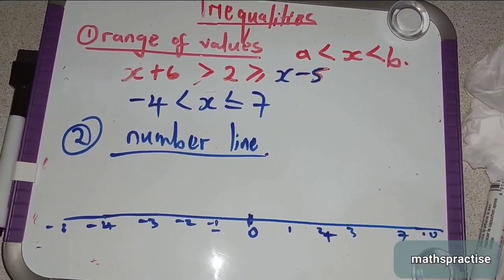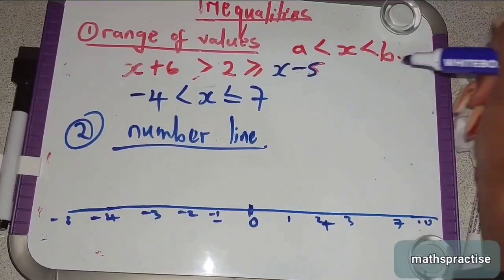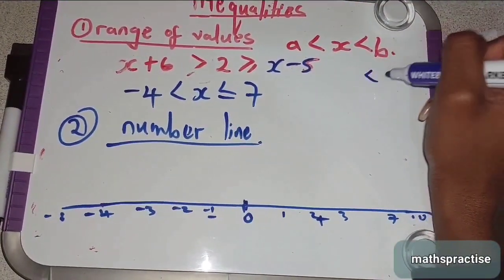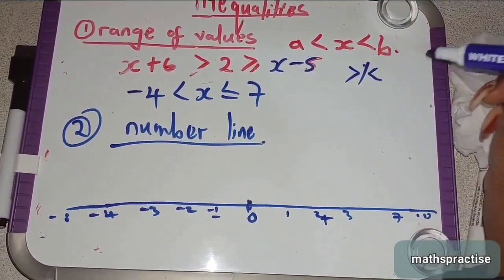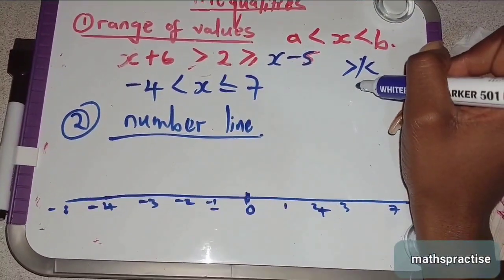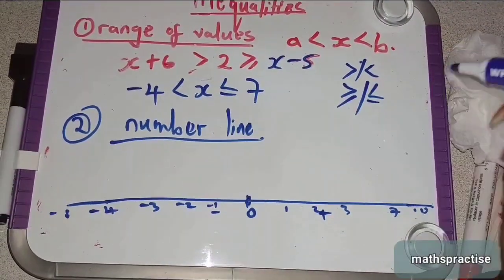To illustrate on a number line, these symbols: we have greater than, less than, and we have greater than or equal to, or less than or equal to.